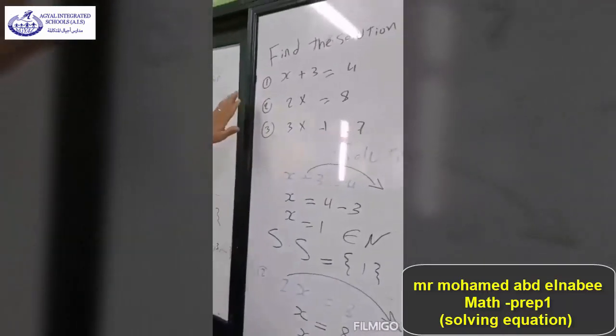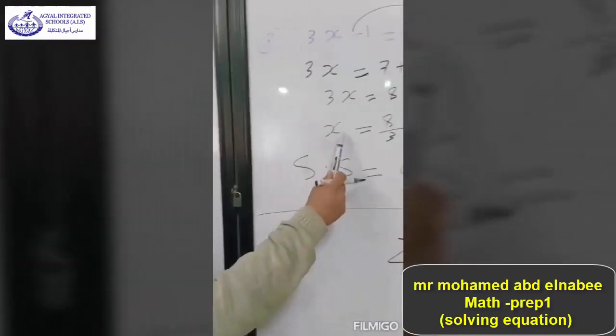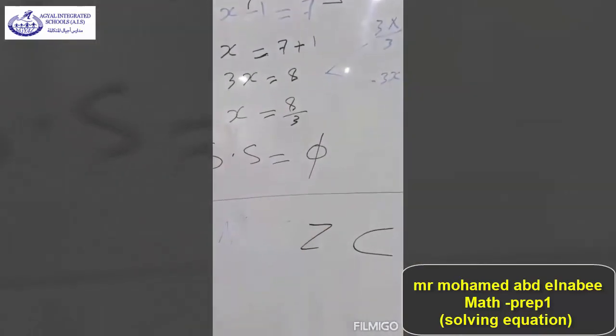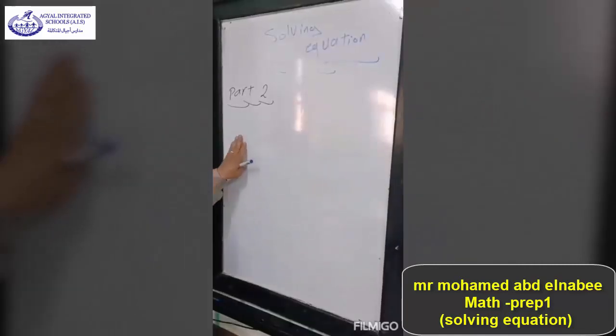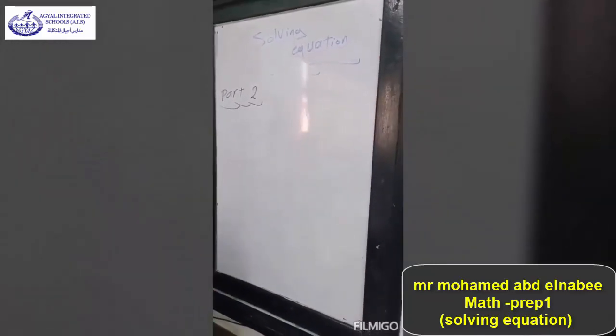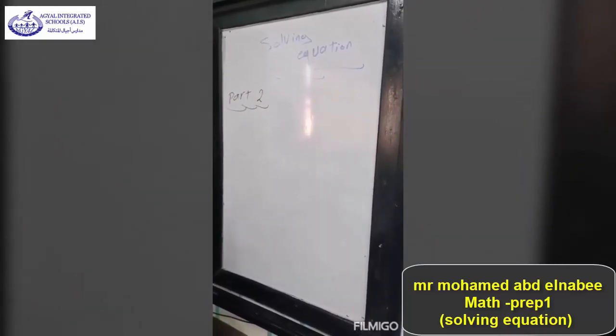After that, we take how to find the set of solution in N, and if the number does not belong to N, it means the set of solution is empty. Okay? Let us complete. We finished part 1 by the last problem, which has solution SS equals empty set in N.